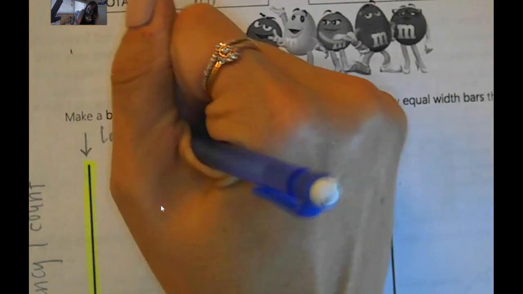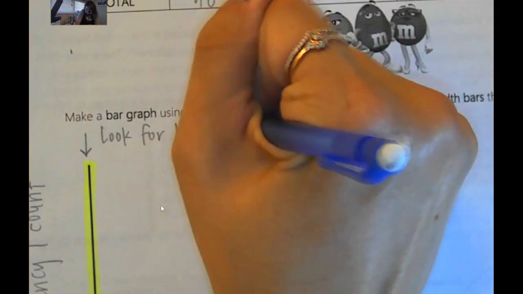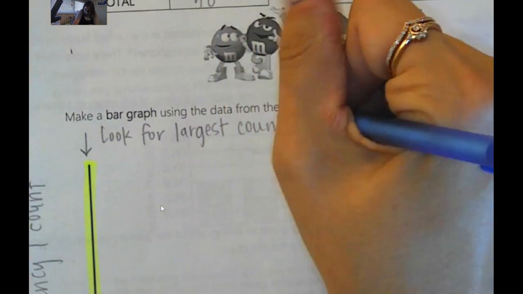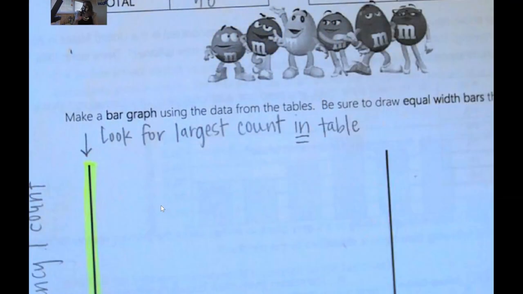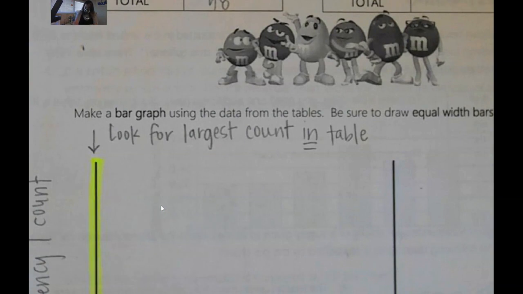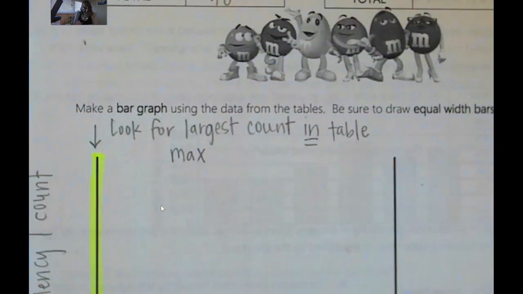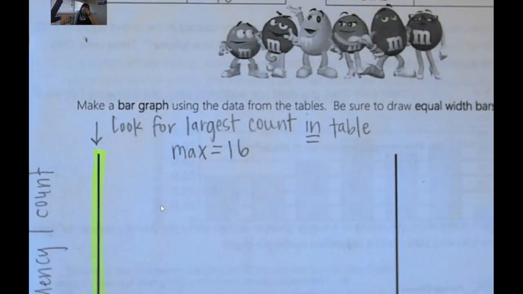I'm going to point to my y-axis and say look for largest count in the table. So you want to go inside the table. Since we're all using my data for this first graph, our largest count is 16.